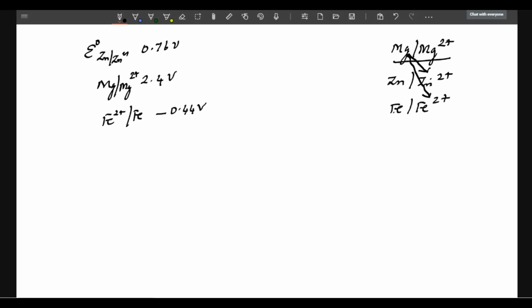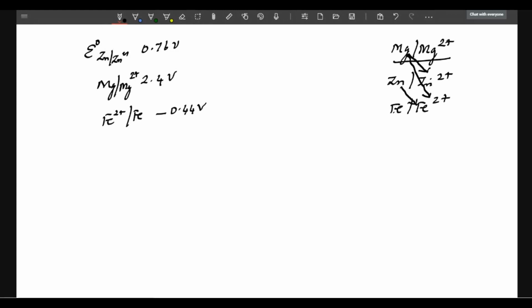And what about the zinc? Zinc will reduce only one. Which one can it reduce? Zinc will reduce iron 2 plus to iron. It will not reduce magnesium 2 plus to magnesium. Any metal would not reduce the metal ions present above its oxidation potential.